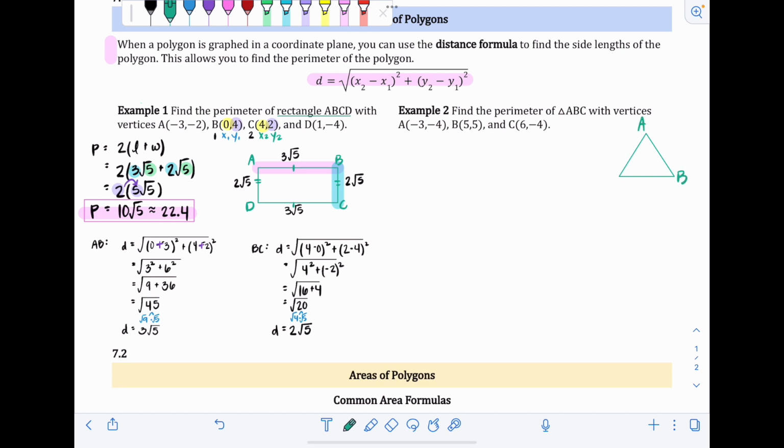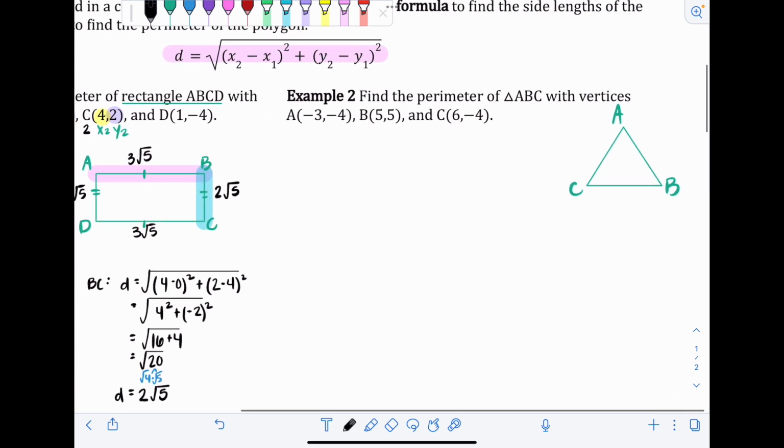So I'm going to start with A and B. Those will be the first side that I find. I'm going to leave the distance formula up there so you can see it.